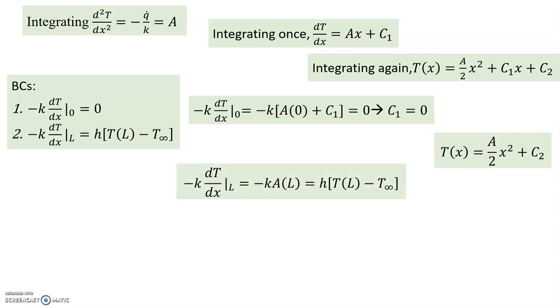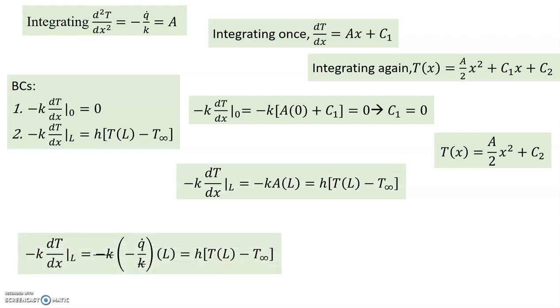You apply the second boundary condition, the convective heat transfer boundary condition, and then you see why I have let constant A to be equal to minus Q dot over K here, because then the thermal conductivity cancels out.